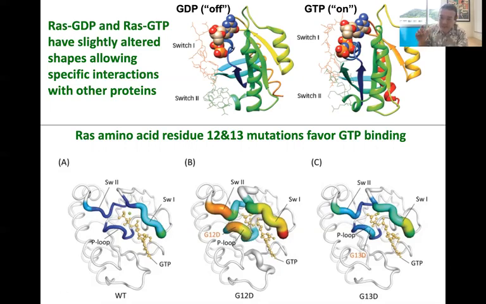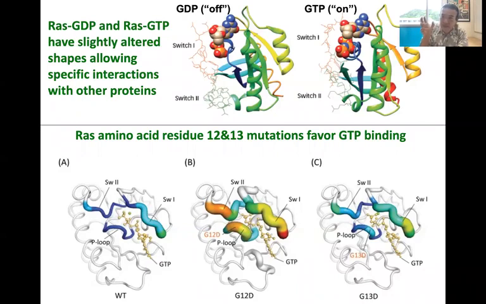In both of these cases, this change in the shape of the GTP binding pocket means the RAS hangs on to the GTP longer, and it does not convert the GTP back to GDP.